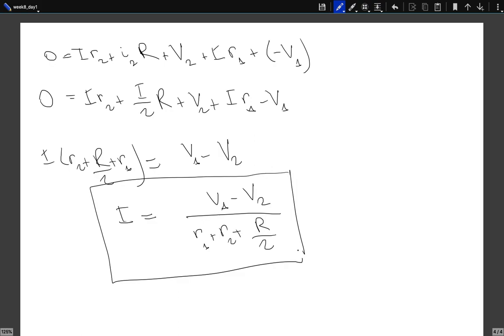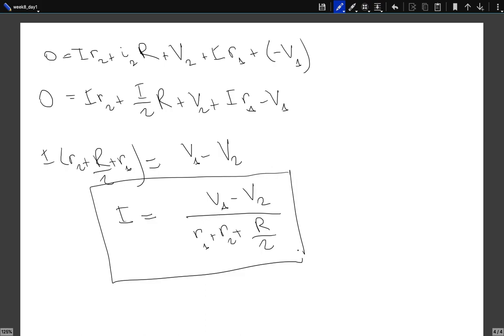For the simple circuit, we don't really need to use the Kirchhoff's rules, but Kirchhoff's rules basically work for all kinds of circuits that you can imagine. And another thing that you should pay attention to, you see here, I didn't specify whether V1 or V2 was larger or smaller.